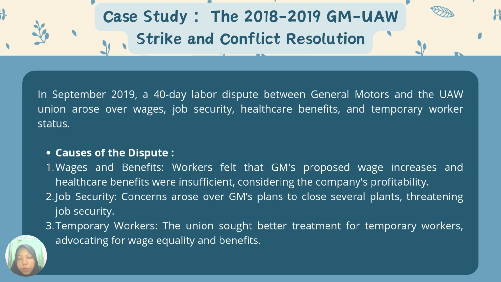Over 48,000 workers took part in a strike that lasted 40 days, severely impacting GM's operations. The issue arose over wage, job security, healthcare benefits, and temporary worker status.